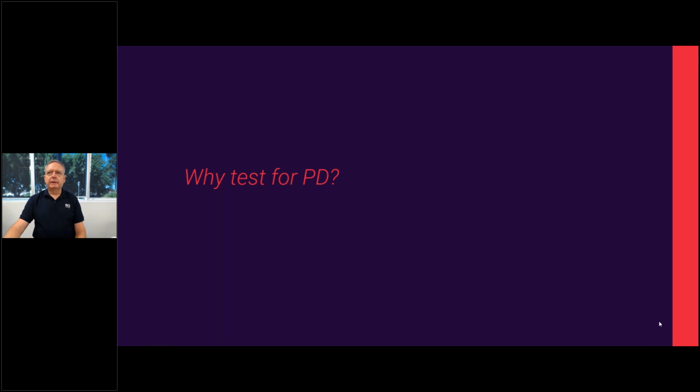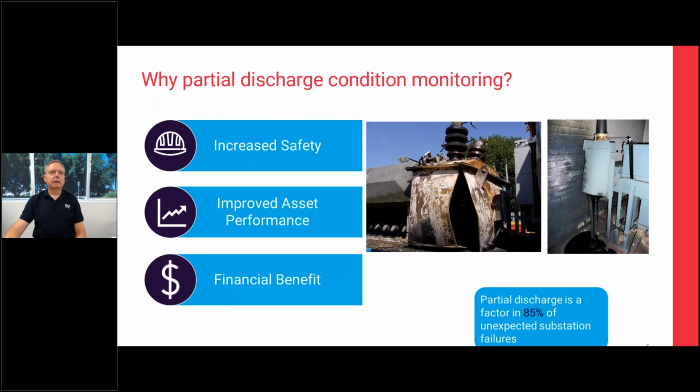So why do we test for partial discharge? Simply, it's around three aspects, which are all very much intertwined. When we've got high voltage assets, if something disruptively fails, as you can see in the two pictures here, then we have a safety aspect. We don't want to be standing in the substation or the switch yard when something disruptively fails.